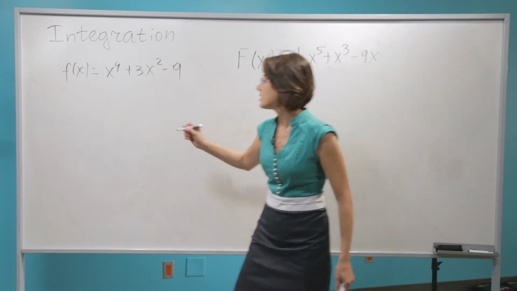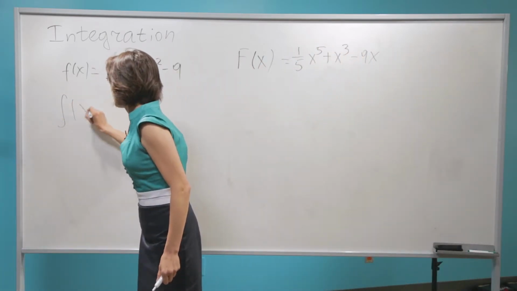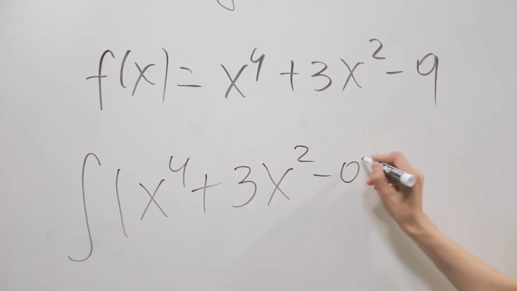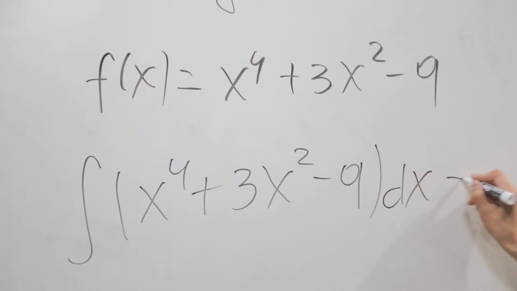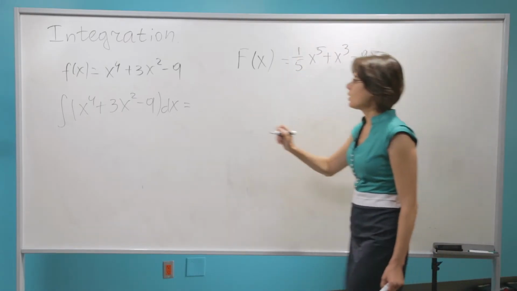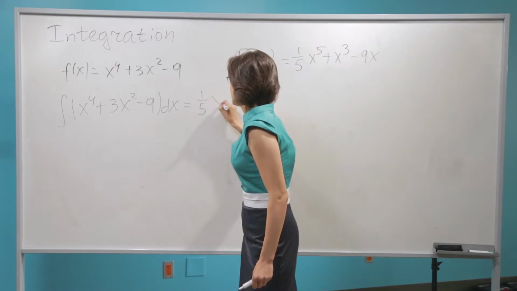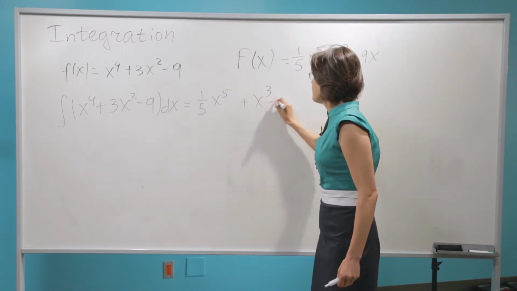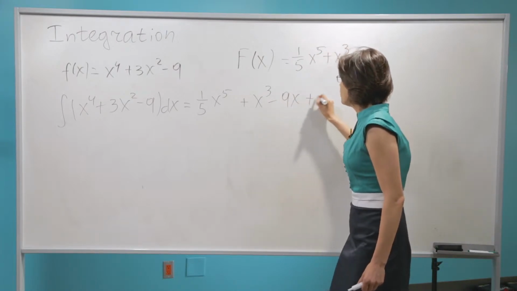So we can rewrite the integral of x to the 4 plus 3x squared minus 9 dx as equal to, and here's our antiderivative, 1 over 5 x to the 5 plus x cubed minus 9x plus some constant c.